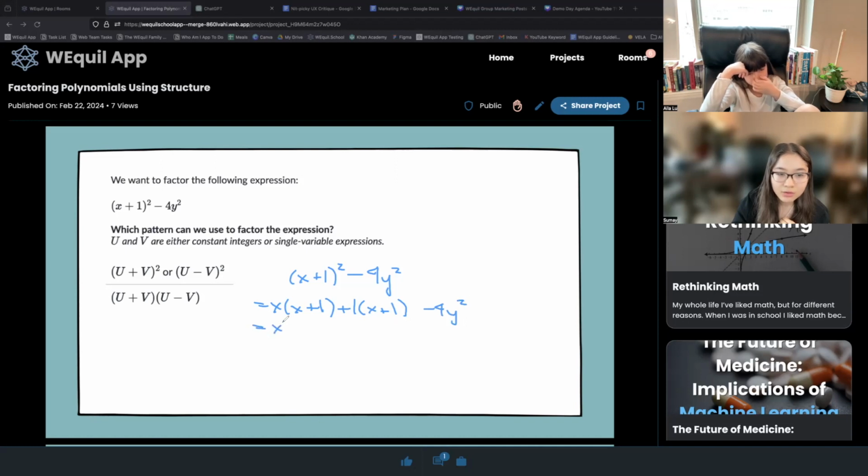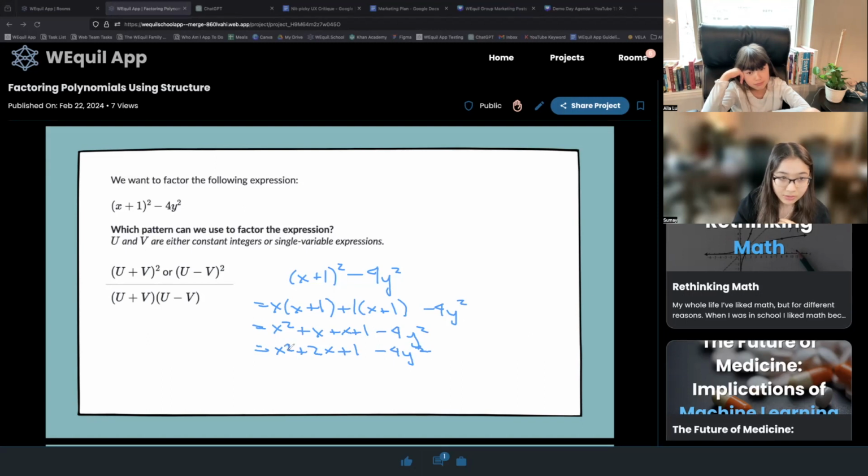We get x squared plus x plus x plus 1 minus 4y squared, and then x squared plus 2x plus 1 minus 4y squared. So here is the equation that we're left with.